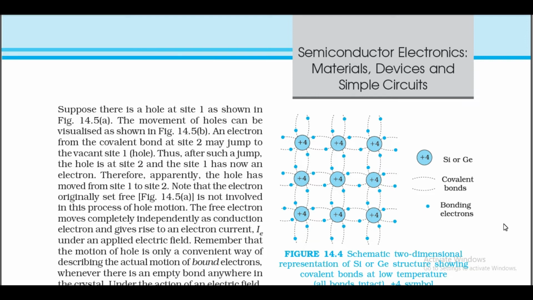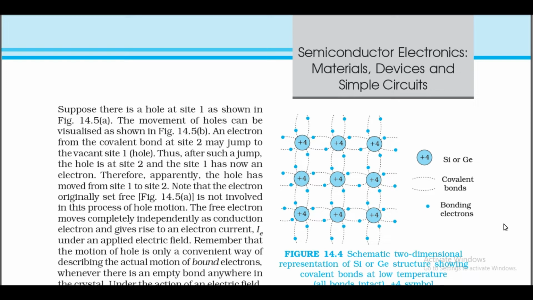Note that the electron originally set free, figure 14.5a, is not involved in this process of hole motion. The free electron moves completely independently as a conduction electron and gives rise to an electron current under an applied electric field.